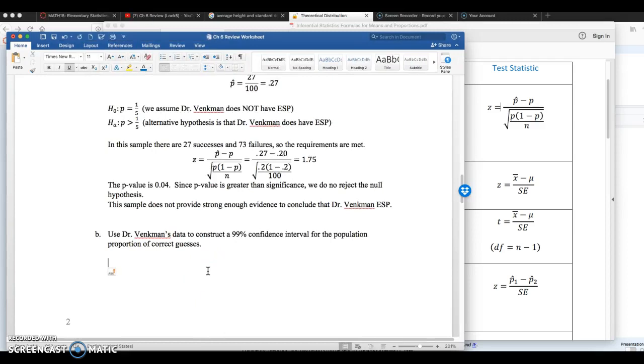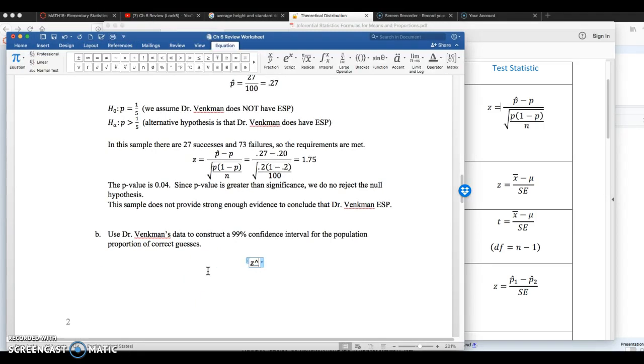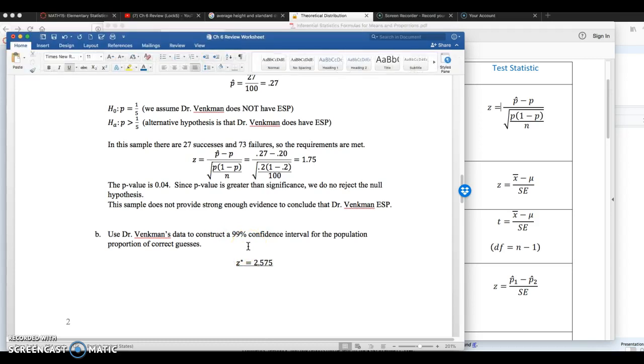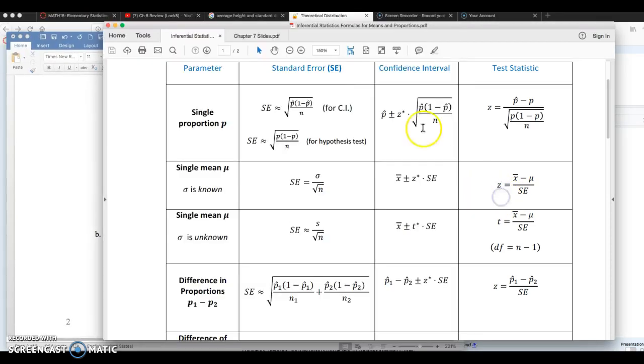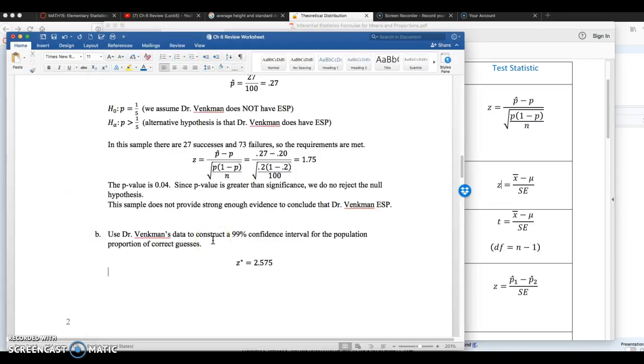I'm just going to note right here, z star for a 99% confidence interval is 2.575. So the confidence interval formula is p hat plus or minus z star times the square root of p hat times 1 minus p hat over n.